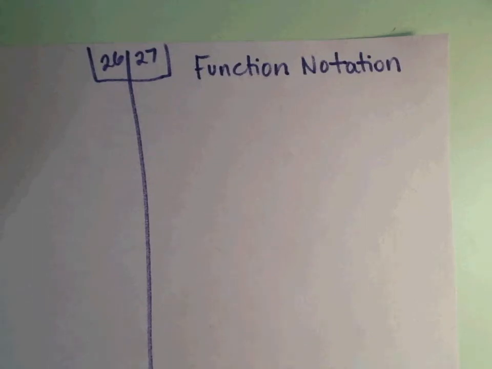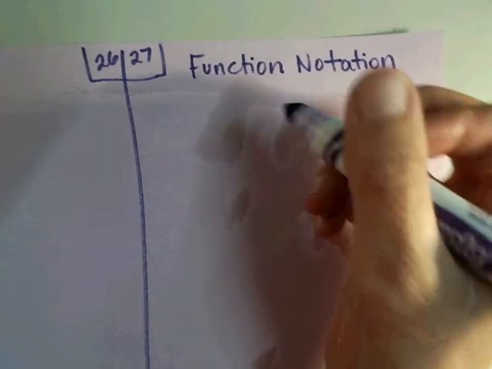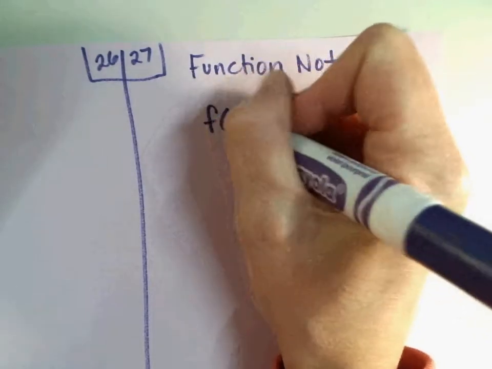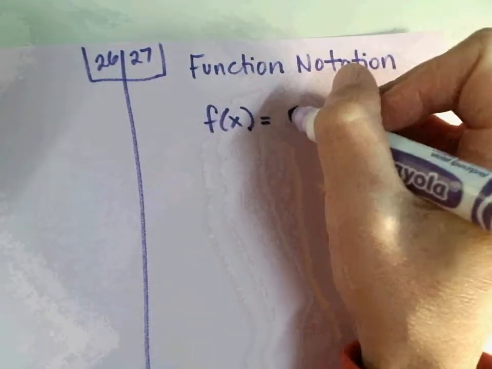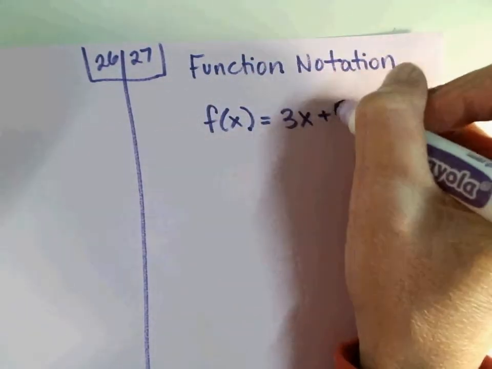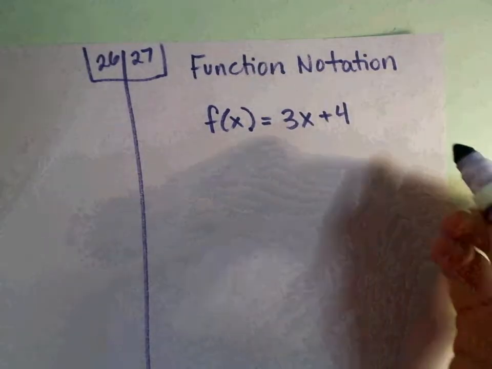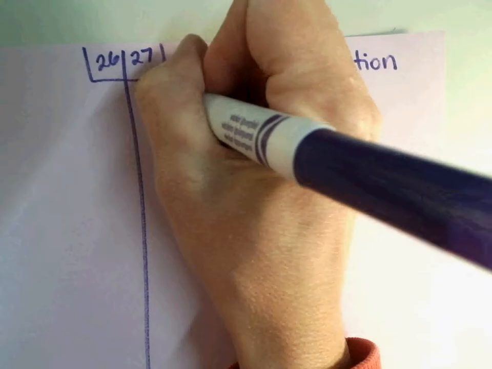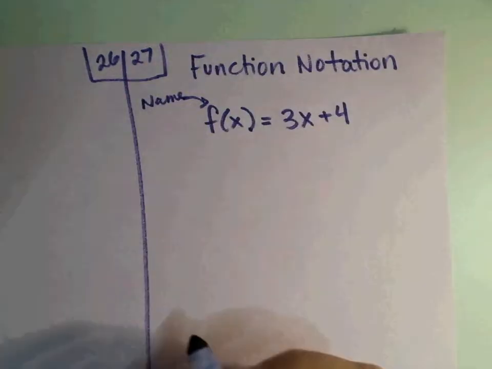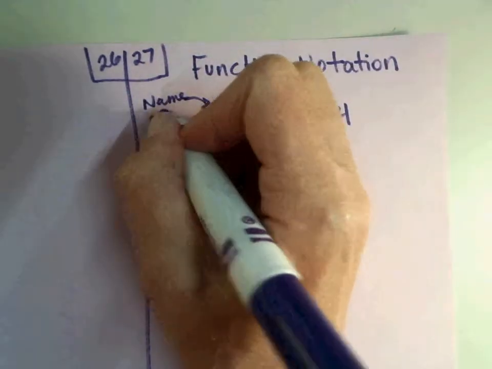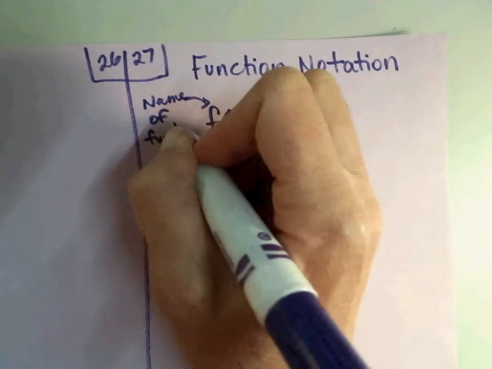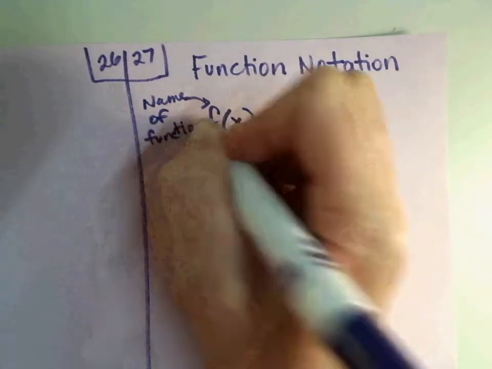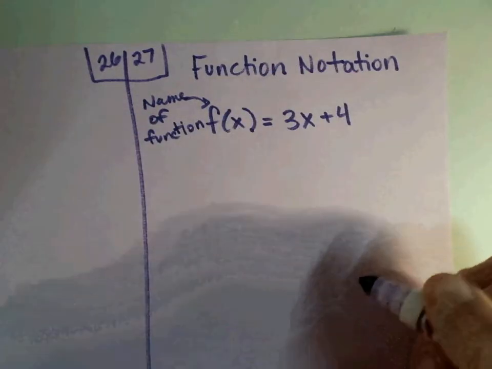So for example, we could say f of x equals 3x plus 4. And this right here defines the name of the function. So the name of the function is f of x. And then we read this f of x.